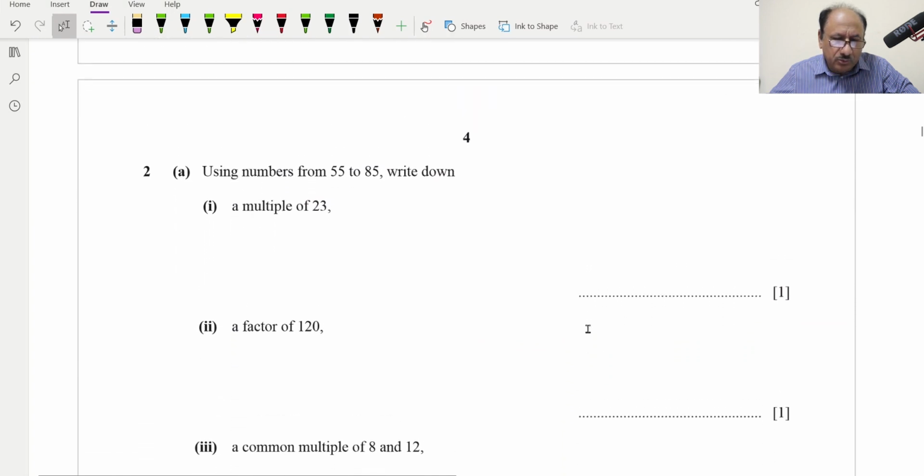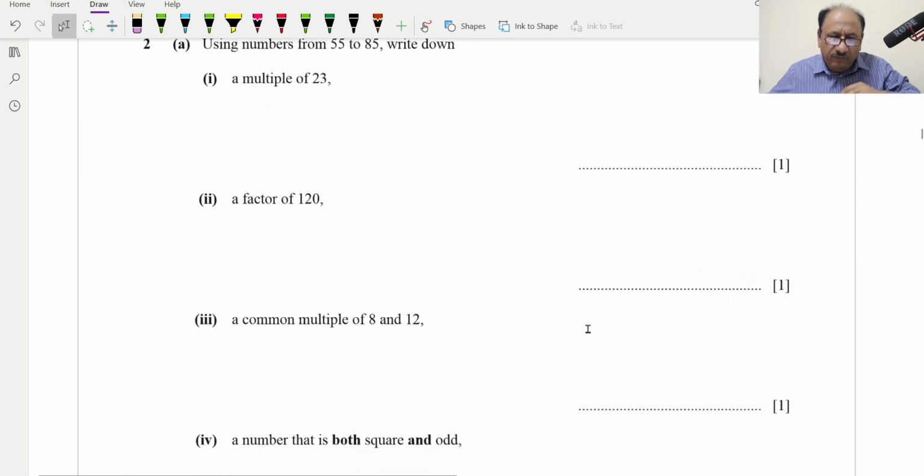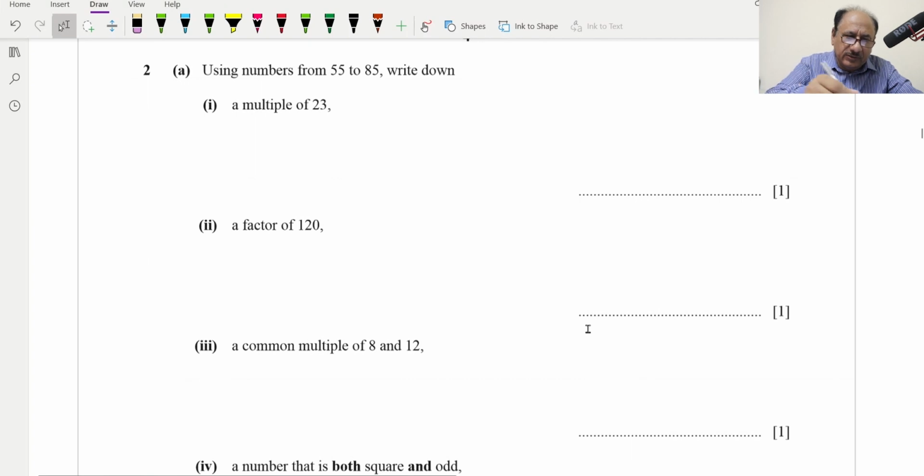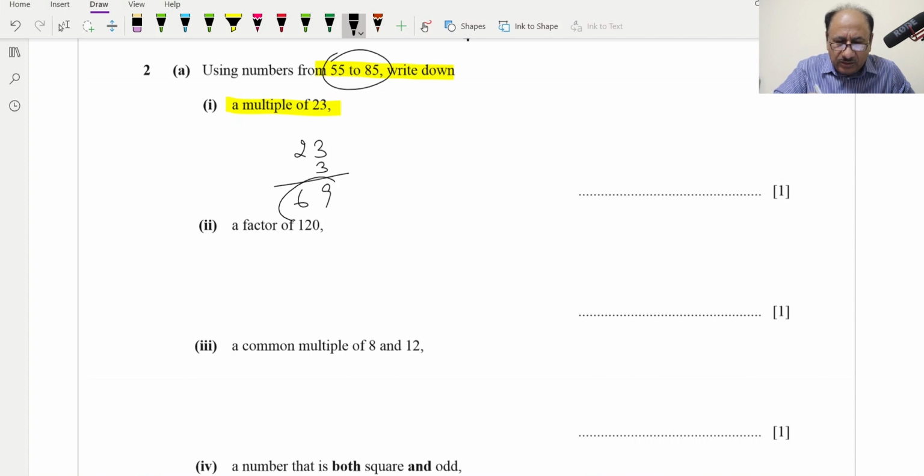And question number 2, use the numbers from 55 to 85. These numbers we have to use for this complete question. The first part is a multiple of 23 in between 55 and 85 we have to check. 23 multiplied by 3 will be 69, so 69 is in between, so we can write the answer as 69.